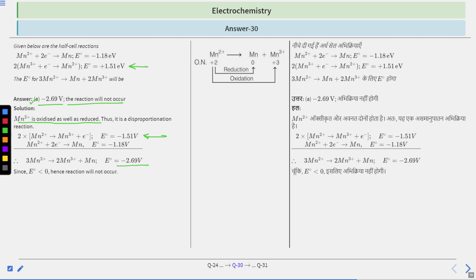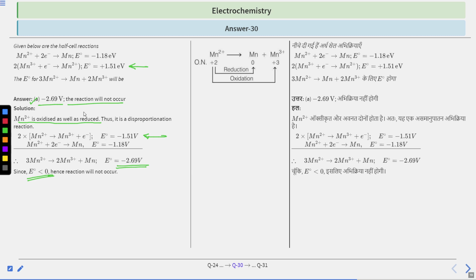as minus 2.69 volt. And since you can see that E naught is less than 0, so basically del G will be minus NFE, right? Del G will be negative when the reaction is spontaneous, and for the reaction to be spontaneous, del G should be negative.